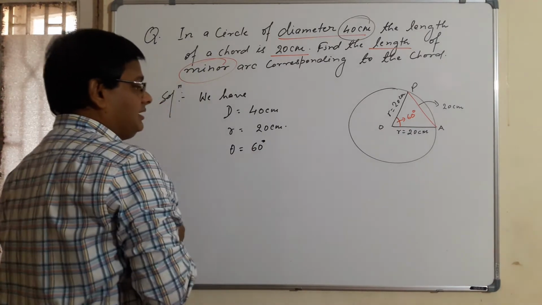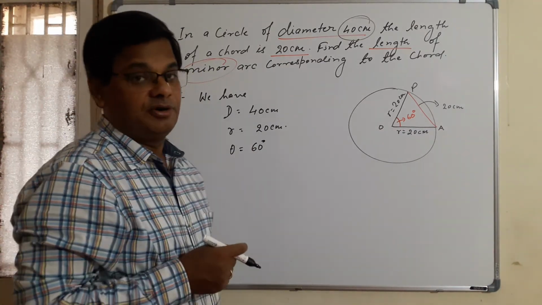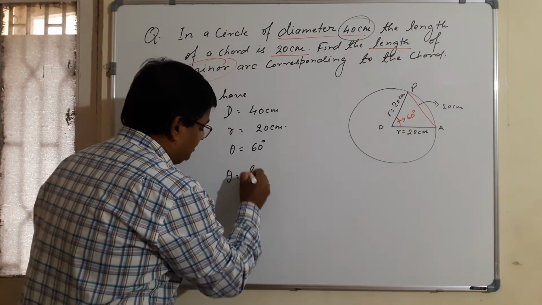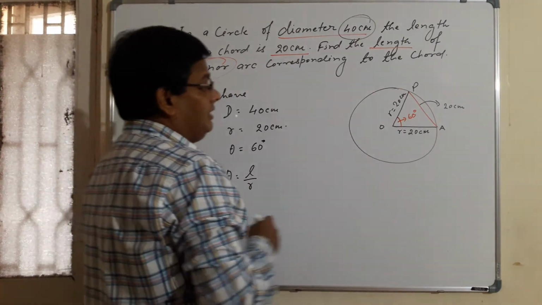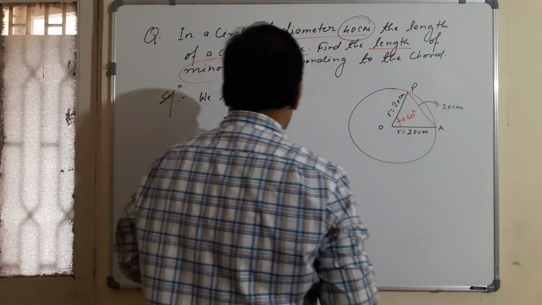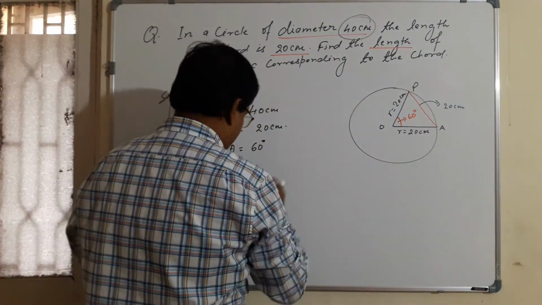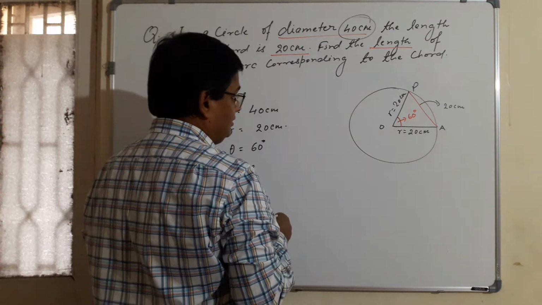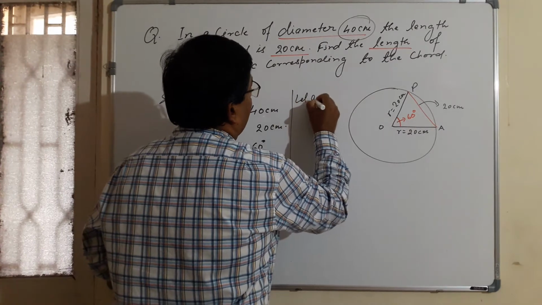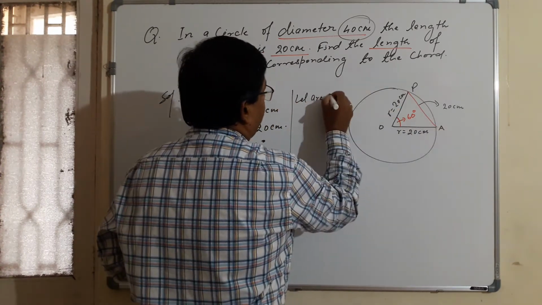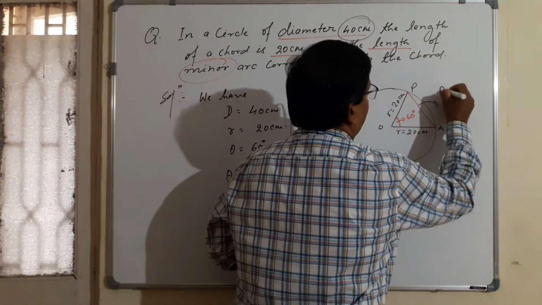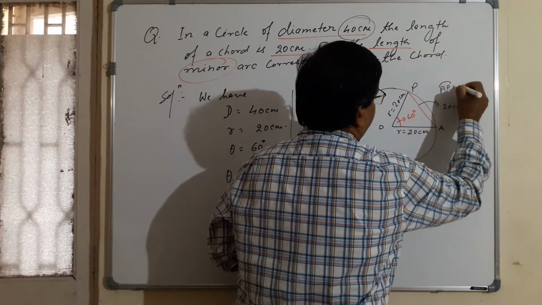So now convert into radian form, because we are going to use the formula theta is equal to L by R, where L is the length of the arc. Let arc AP be equal to L.